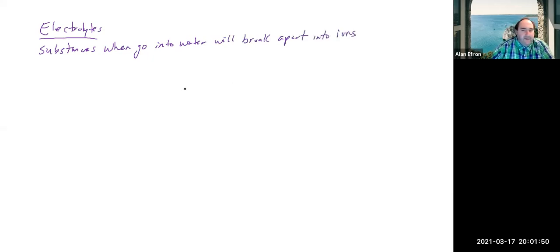There are a few different types of electrolytes. There are ones referred to as a strong electrolyte. A strong electrolyte is something that, when it goes for a swim in water, 100% breaks apart into ions.